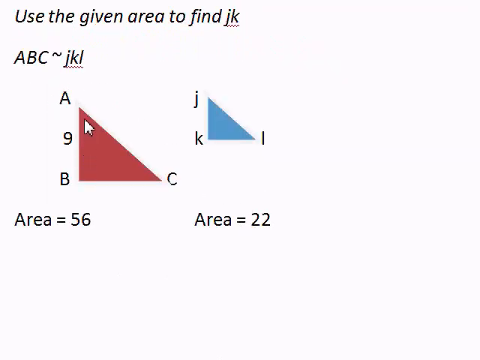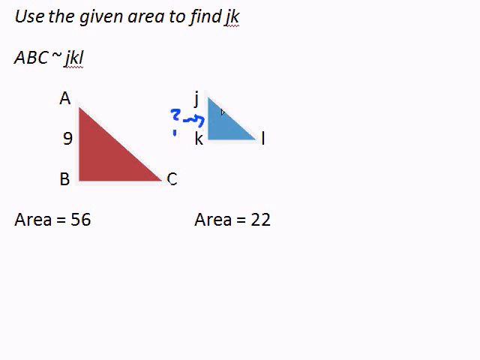So suppose we're given a couple of figures that are similar, ABC is similar to JKL, and we're given a couple of areas, and we're given a side length. And somehow we have to magically find a missing side length.